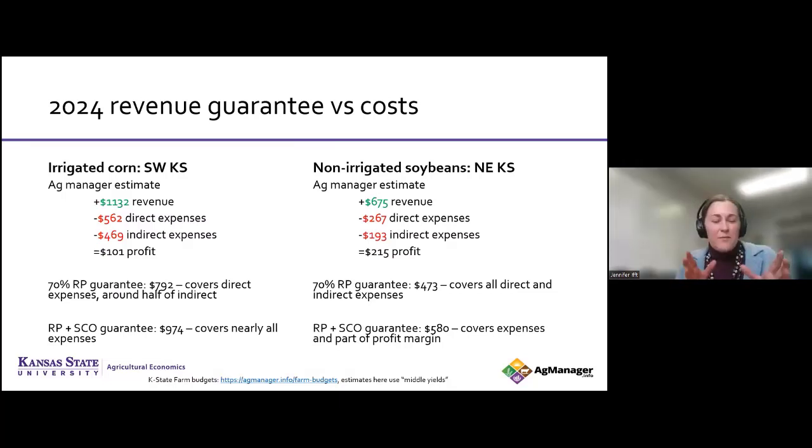But if I look back over the past year or two, we had comparatively higher profits those years. Thinking about higher coverage policies, do you want to protect this profit? Where we're heading now, it's sort of the same in some situations, but will our expected revenue cover our expenses? There may be cases where you would need a higher coverage policy to cover expenses. And again, these are averages. Every farm is different, but it gives an idea of the general trend.